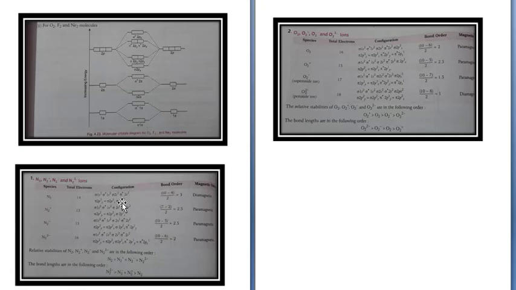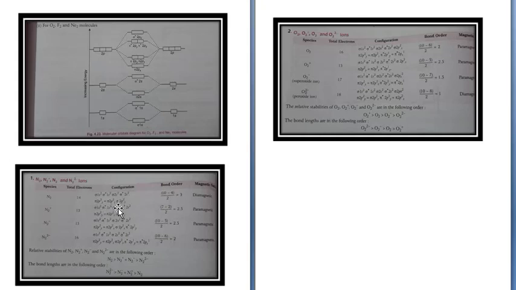Similarly in N2 plus, let us once again do N2 first. In N2 you just check sigma 1s2, sigma asterisk 1s2, sigma 2s2, sigma asterisk 2s2, pi 2p2y, pi 2p2z and sigma 2p2x.